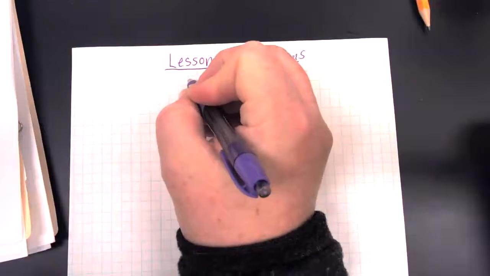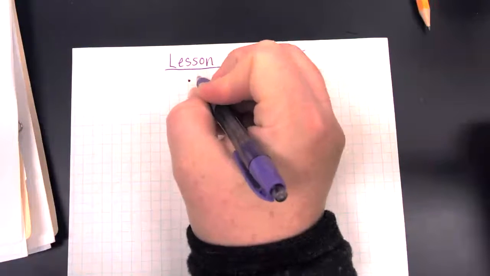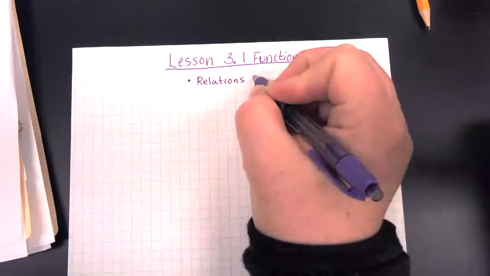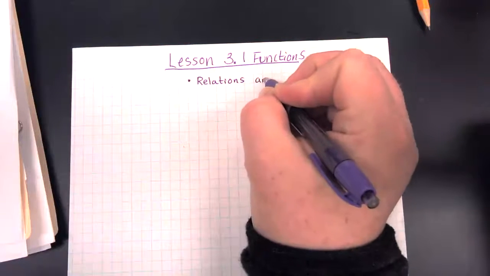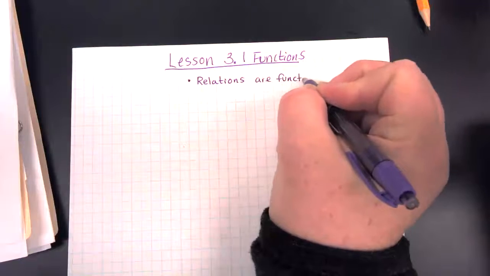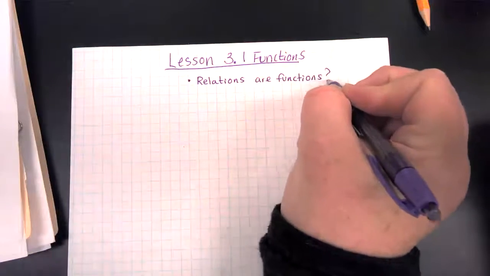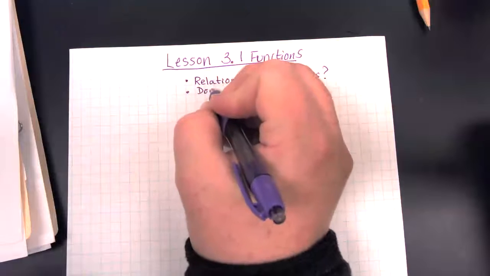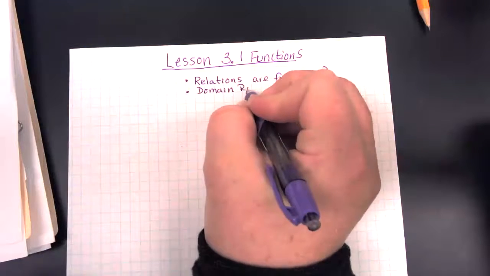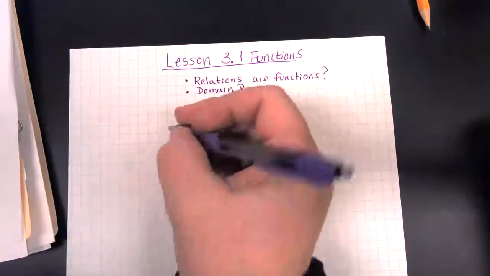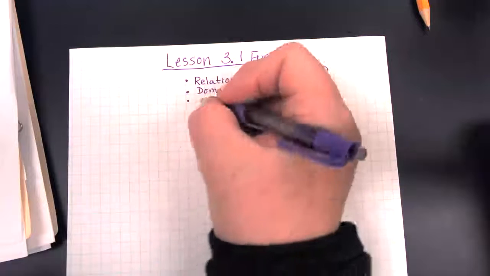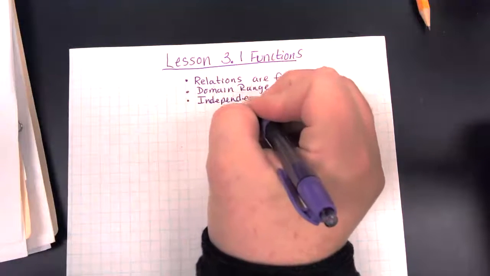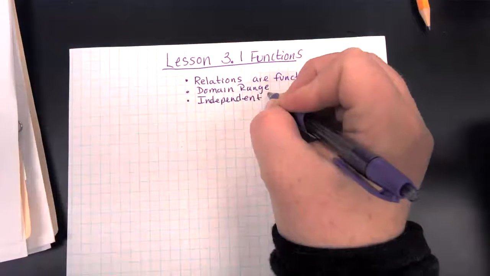So we're going to look at relations. We're going to look at domain and range. And we're going to look at identifying independent and dependent variables.